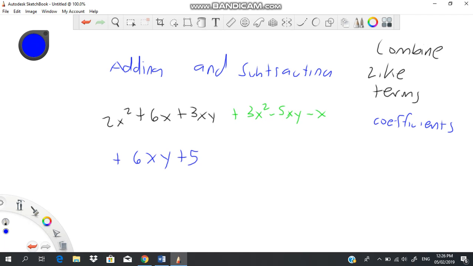So you might think this is so hard. Well, I'll teach you how to make it easier. To make it easier, you just have to encircle or put together the like terms.